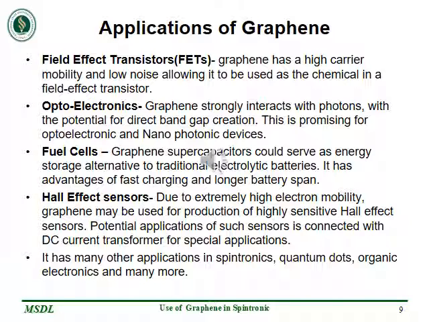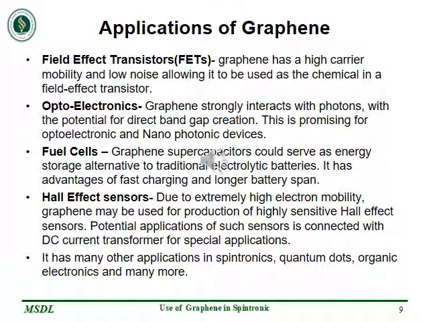Graphene has a higher carrier mobility and low noise, allowing it to be used as a chemical sensor in a field effect transistor. Graphene strongly interacts with photons, with the potential for direct band gap creation. This is promising for optoelectronic and nanophotonic devices.